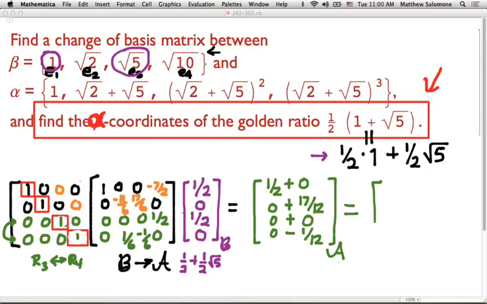The A coordinates of the golden ratio are 1/2, 17/12, 0, -1/12.